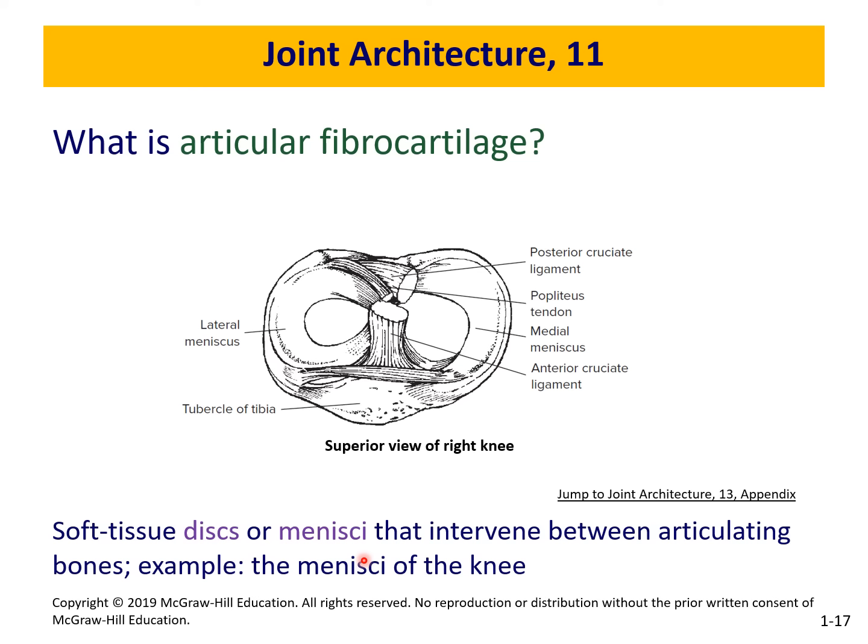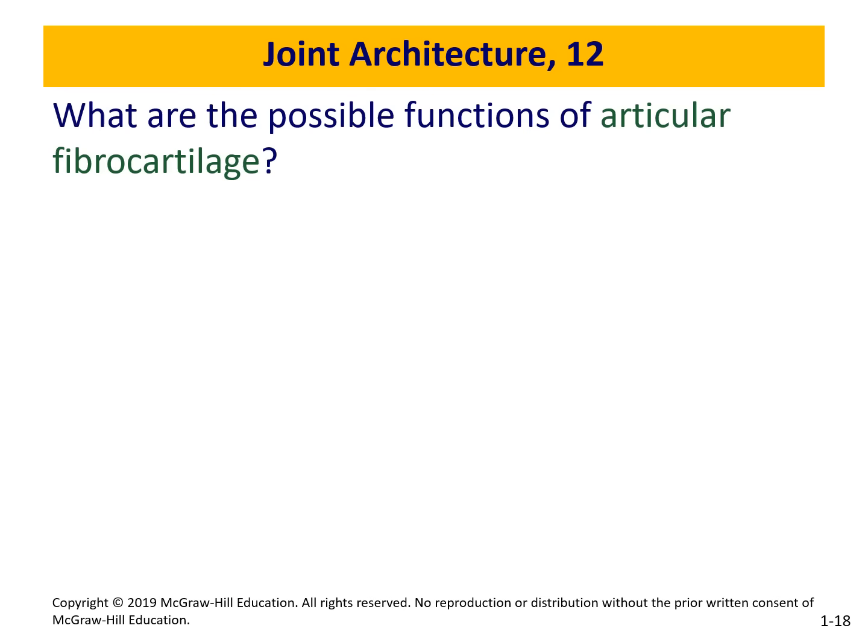We have lateral and medial meniscus, and those are actually collagen. Remember, multiple layers. It's very complicated how it's made. They intervene between the articular surfaces of the bone. Possible functions of articular fibrocartilage.